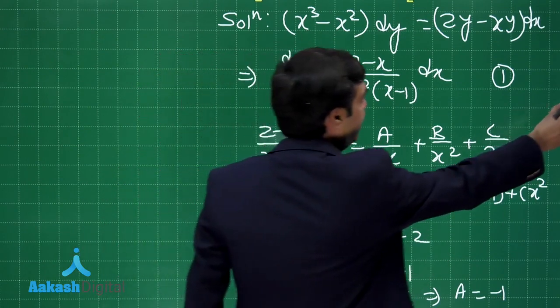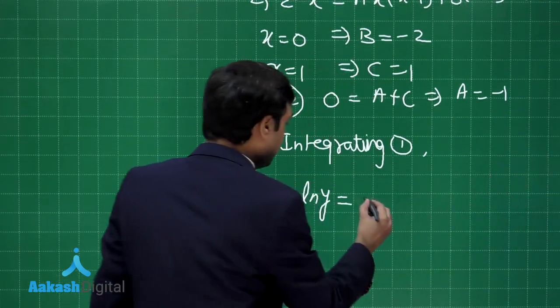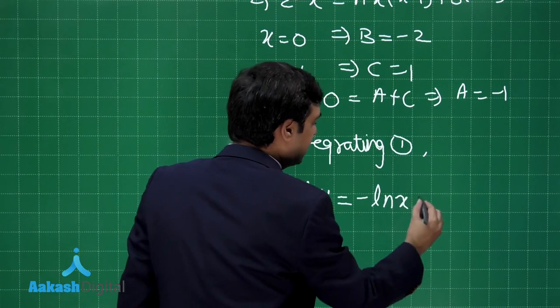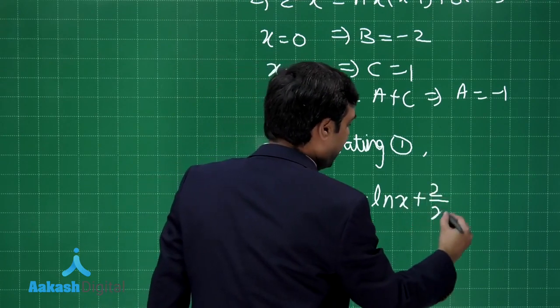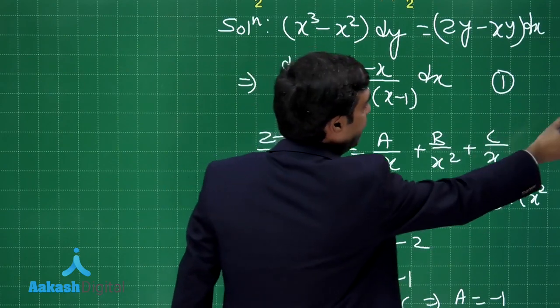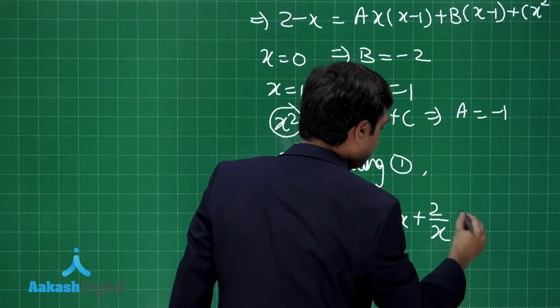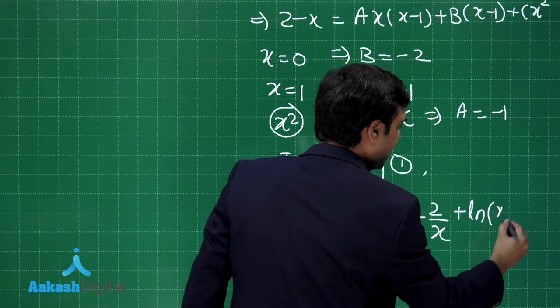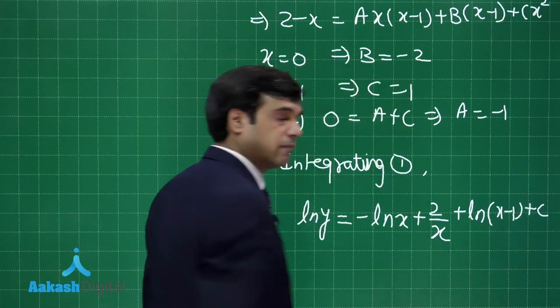So yes, we can write direct integration over here, minus log x plus 2 by x, because b is minus 2 and c is 1, so this is plus log x minus 1 plus say c.